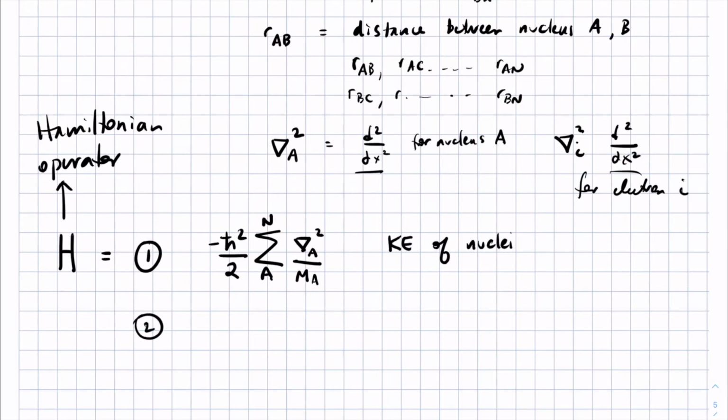Then we're going to have second kinetic energy for the electrons, and each electron has the same mass, so we can bring the mass of the electron out in front of our sum. We're going to calculate this for each electron from electron little a to electron little n, and the operator for kinetic energy here will be the second derivative of the wave function for electron I with respect to position.